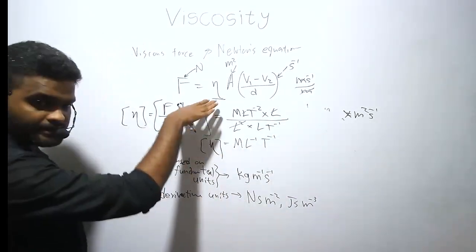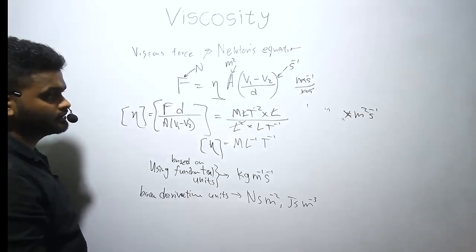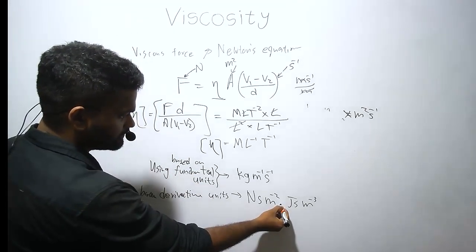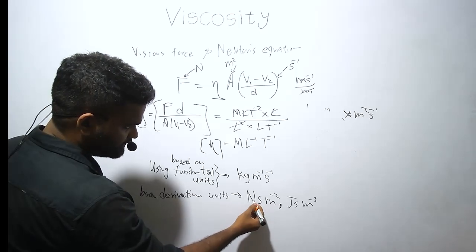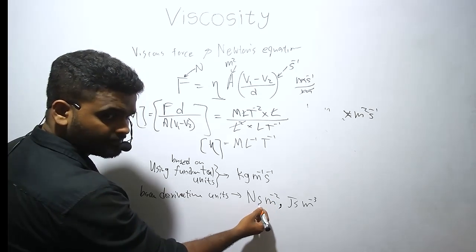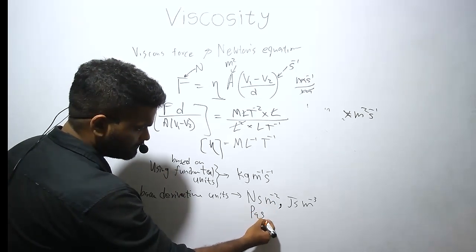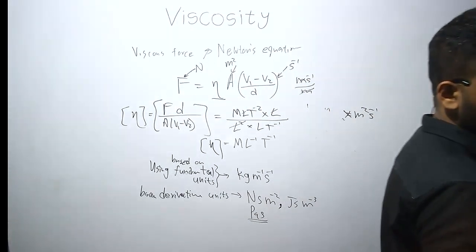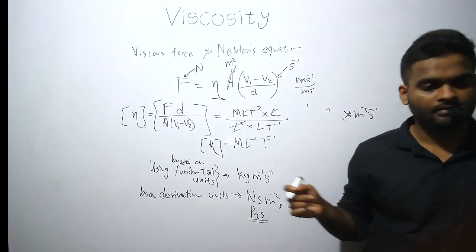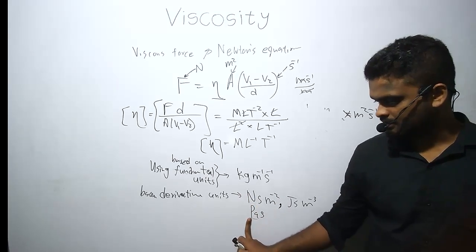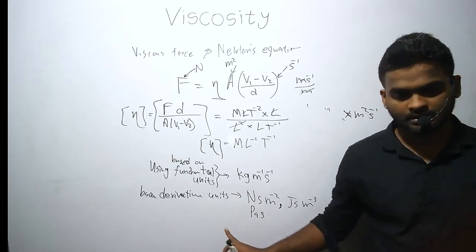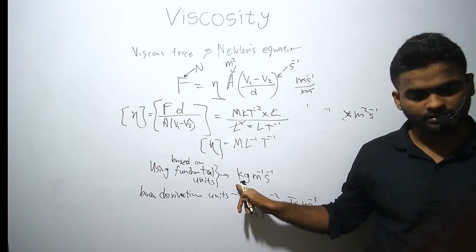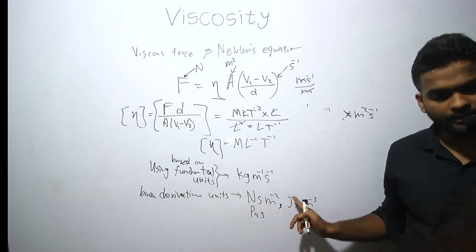Okay, write this down. Take this down. The units. So there are 2 units, right? You can have another unit as well. Newtons per square meter means Pascal, right? Pascal second also is a unit of coefficient of viscosity. Take this down. So if they are based on fundamental units, you have to write this one. These are based on derivative units, right?